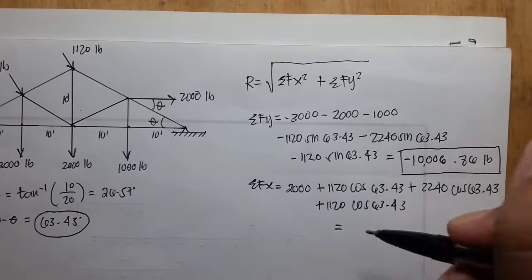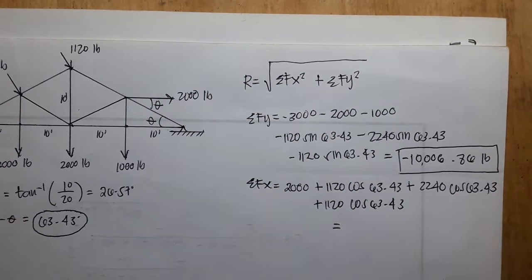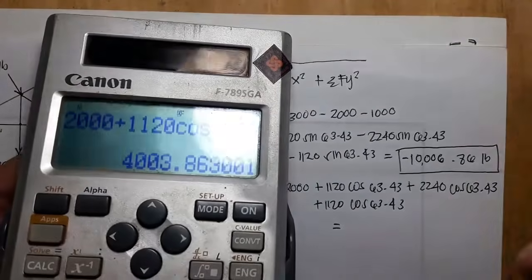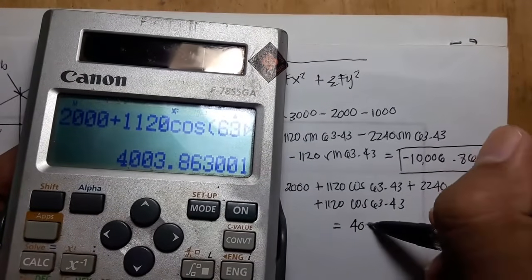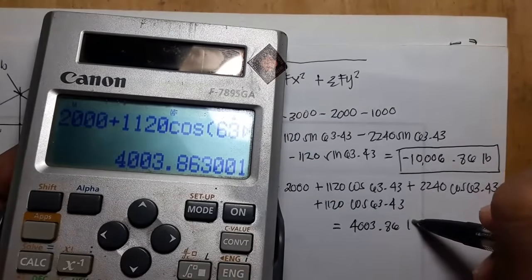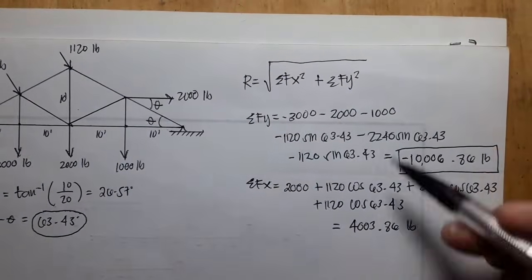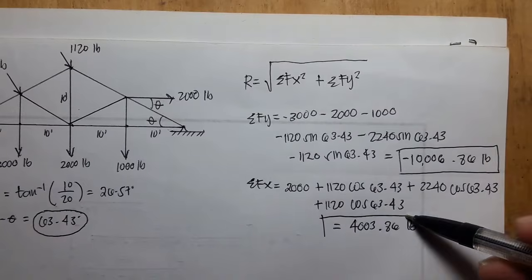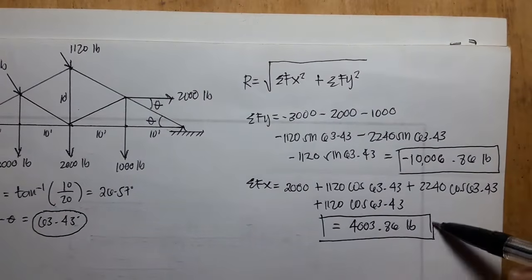So we got 4,003.86 pounds. This is the summation of forces x.